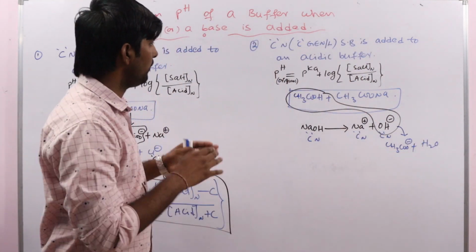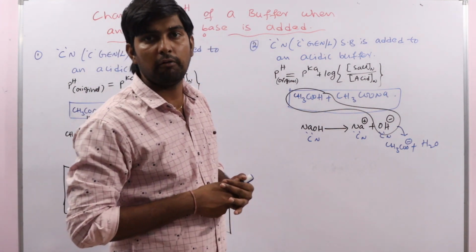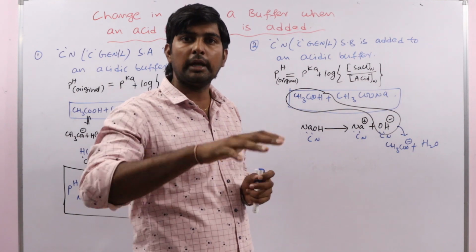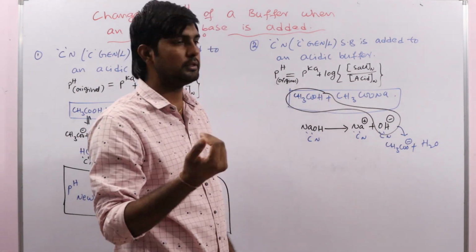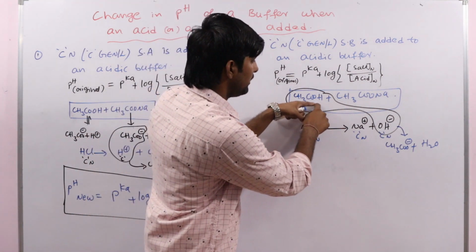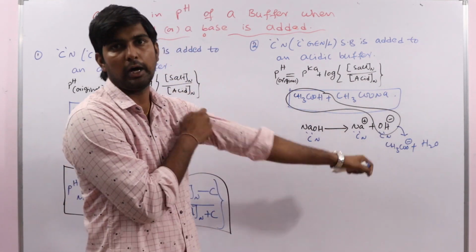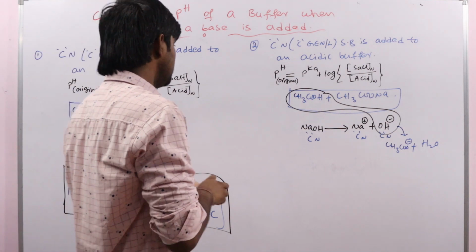Yes or no? So now when base is added to the acidic buffer, what is happening? Simply acid concentration decreasing. What is the reason? Acid reacts with the hydroxide ion, so that's why acid concentration decreases. Due to the reaction between these two, the salt is formed, so salt concentration increases. Yes or no? Like this case.